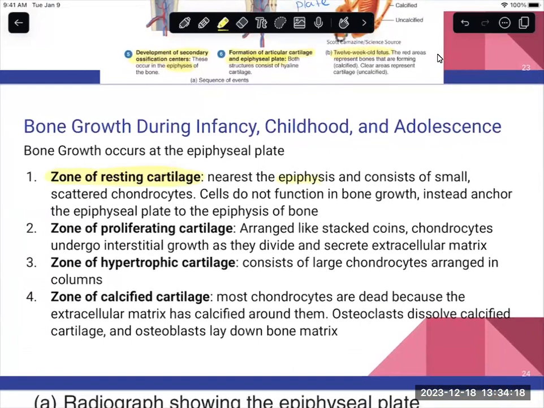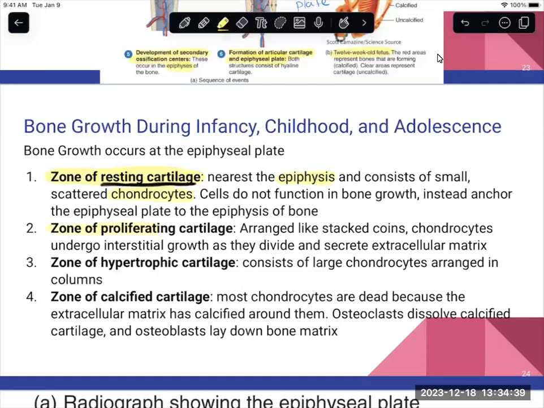This is closest to that epiphysis, and it has some chondrocytes. These cells are not making bone. They are doing exactly what the title says, resting. Nothing is being divided here.